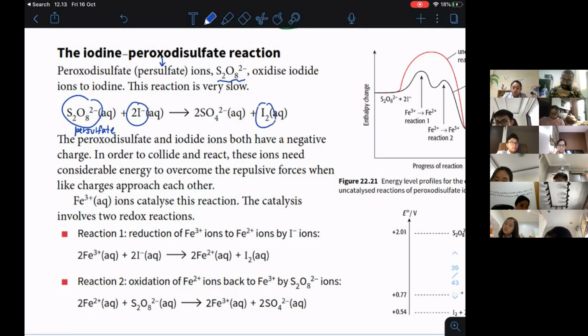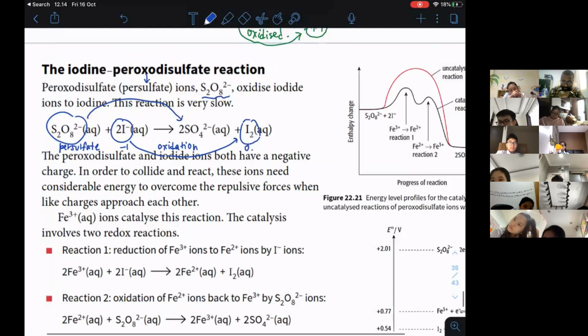So this is going to be an oxidation reaction. To be exact, let's see whether it's a redox reaction. -1 to become 0, so this is going to be oxidation. Now let's see from here to here, is it reduction? I can calculate.